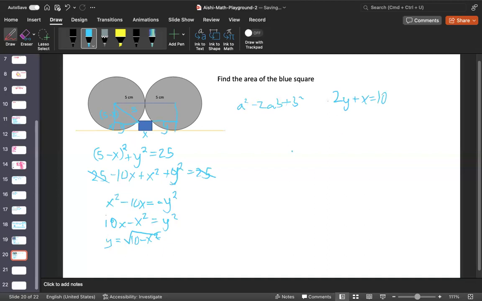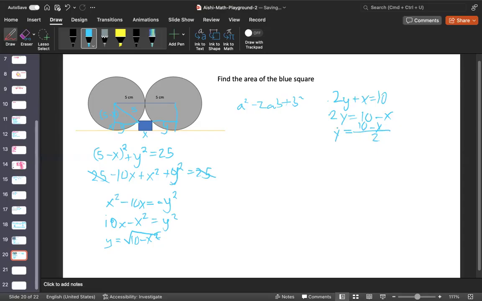Okay, so what can we do with this? Since we need to find y, we can turn this into 2y is equal to 10 minus x. So now let's divide by 2. We have y is equal to (10 minus x) divided by 2.